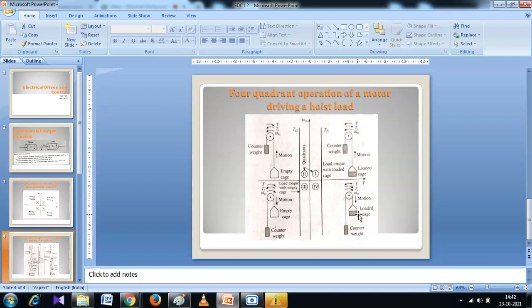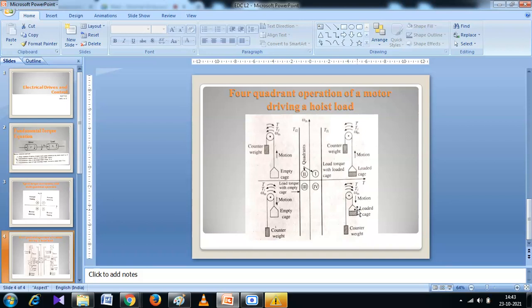Which one tries to go down, the loaded cage or the counterweight? Which has the higher weight? If the cage is loaded, then the weight of the loaded cage is greater than the counterweight. And if the cage is empty, then the weight of the counterweight is higher.